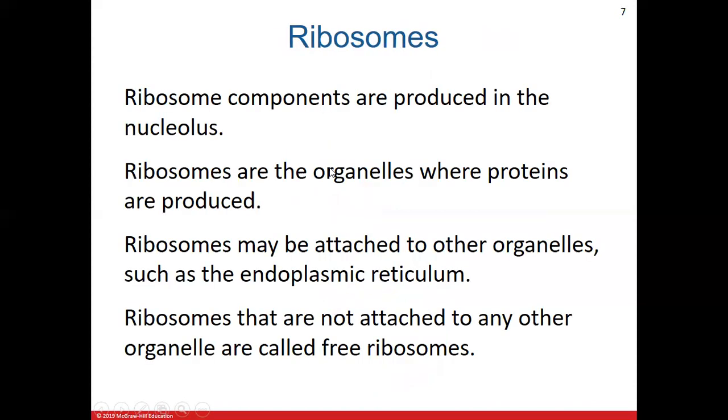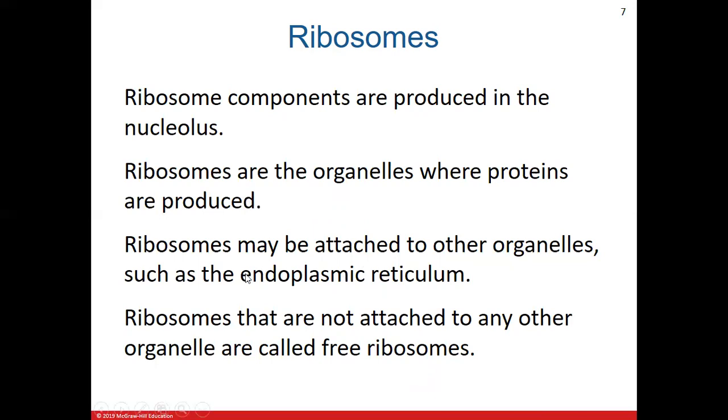Now another organelle that you'll find in the cell is what's called a ribosome, and make sure you make the connection between ribosomes and protein synthesis. Ribosomes are where proteins in the cell are actually made. They're actually produced in ribosomes. Now you'll find ribosomes in one of two types. They'll either be attached to another organelle.